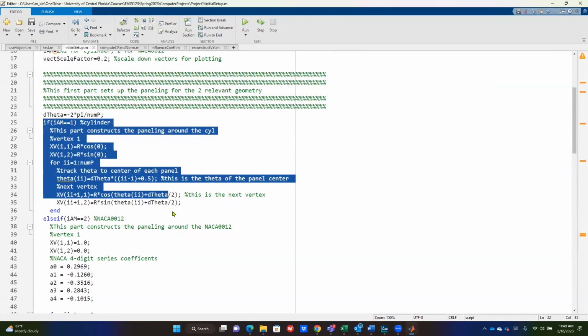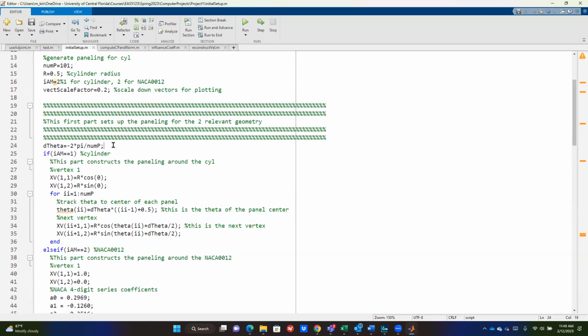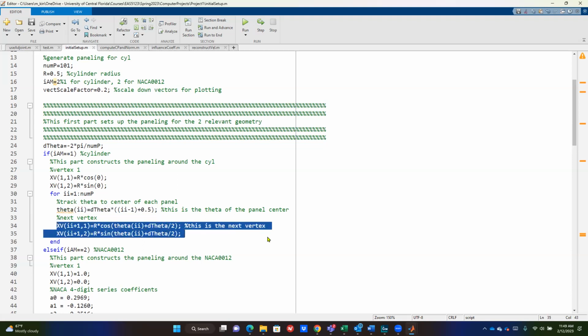I had an option for a cylinder. If it's a cylinder, I wanted to find a delta theta, so how many increments do I break it up into? Then I go through and define a vertex. This is the first vertex, and I increment it by d theta and define the vertices on each side. You can envision this as, at this point in the code, we define the first vertex, which is right there.